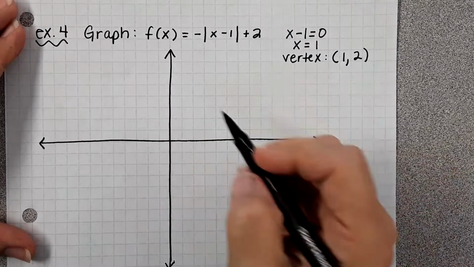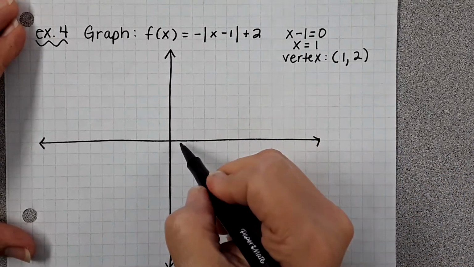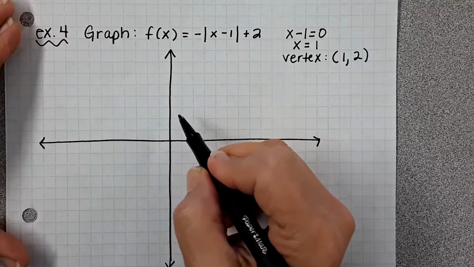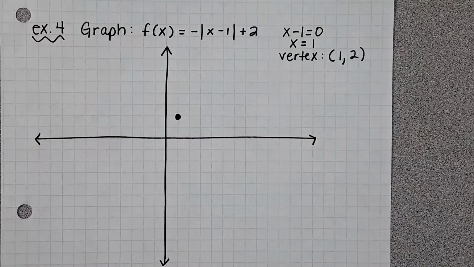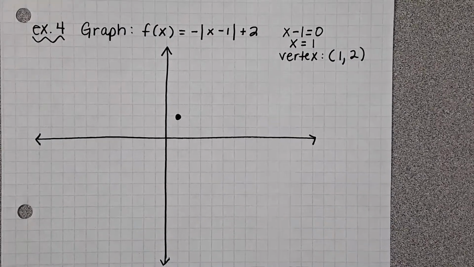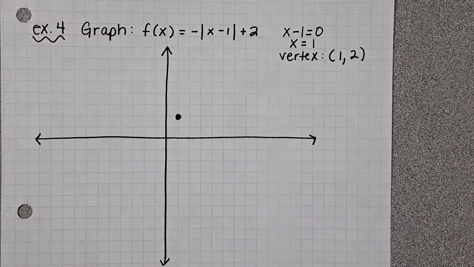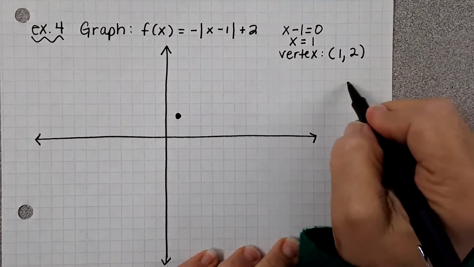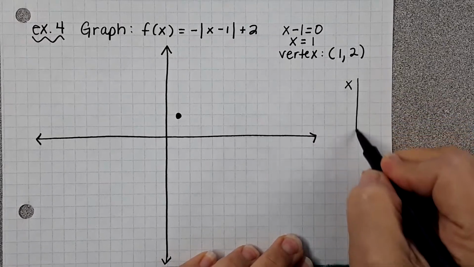So let's graph that. We're going to go over to +1, up to +2. Now remember what I said. I want to pick some. Okay, so now we need to pick points to the left and points to the right. So we have our x's and we have our y's.